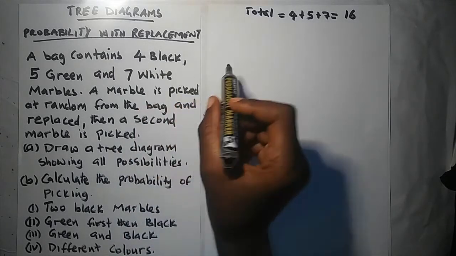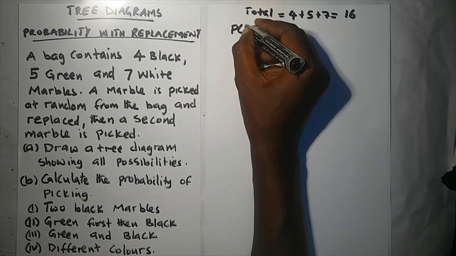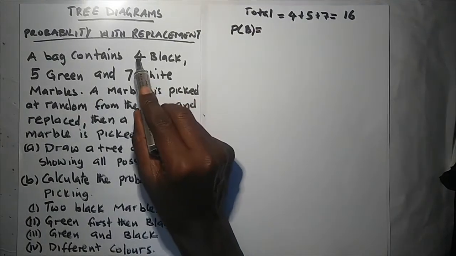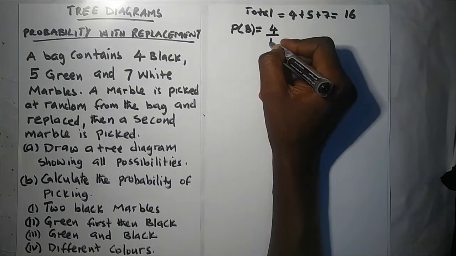The probability of picking black is equal to, you count how many blacks you have, 4 black, so 4 out of 16.